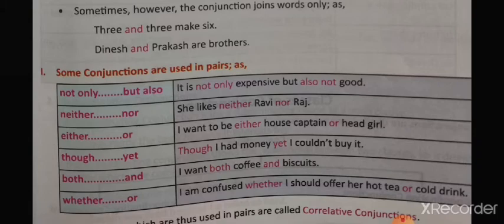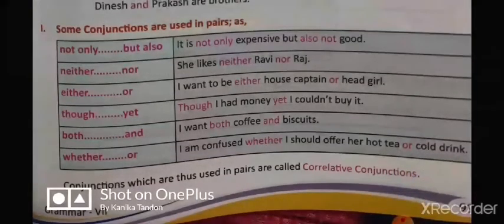All right. Whether or. I am confused whether I should offer hot tea or a cold drink, right? Either I drink a cold drink or I eat ice cream, like this. Now, these conjunctions that are used in pairs are known as correlative conjunctions. Alright, because they are correlated to each other.